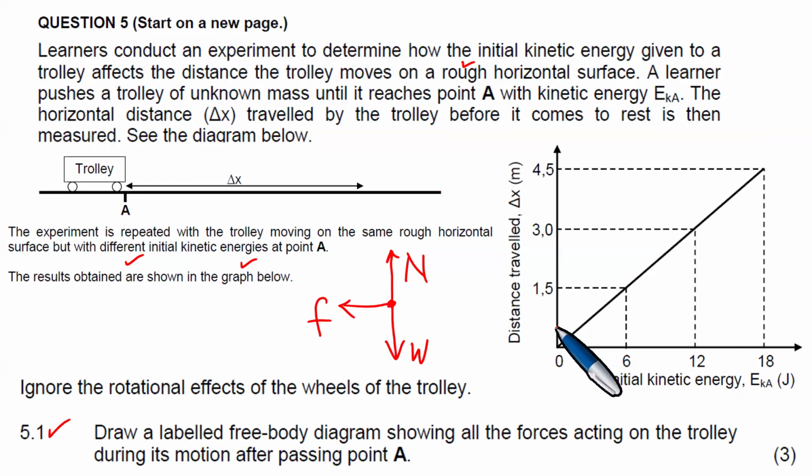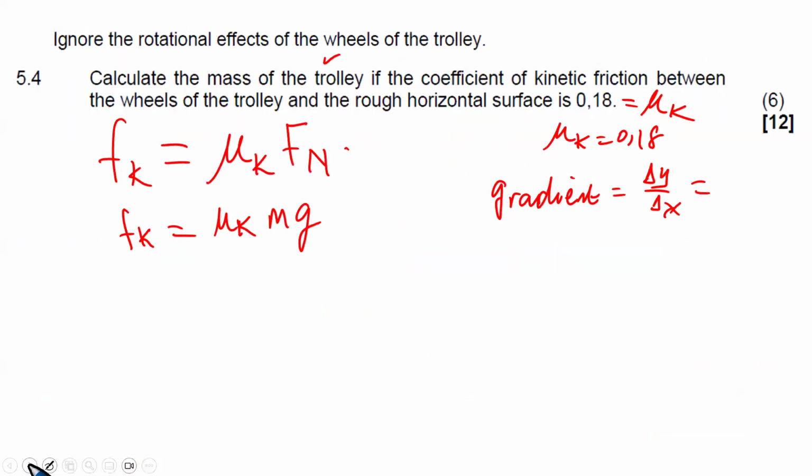But at this point, the gradient is going to be the change in x, because the vertical axis is change in y, divided by the initial kinetic energy. So you can say it is delta x over EKi.